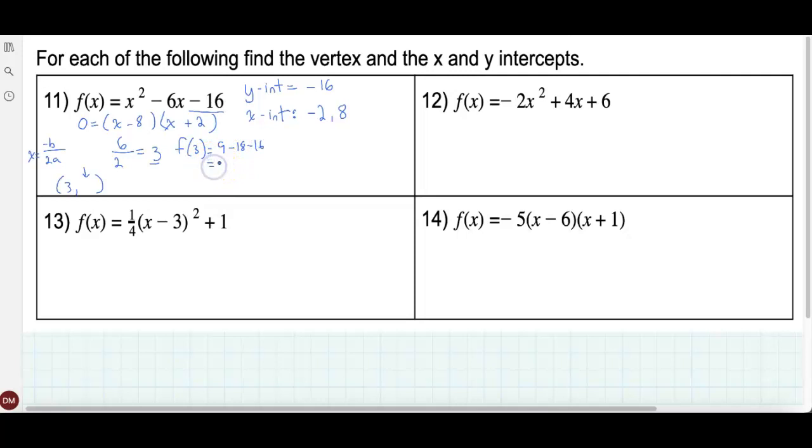Which is equal to 9 minus 18 is negative 9, minus 16 is negative 25. So that's negative 25. All right, so the vertex is at (3, negative 25).